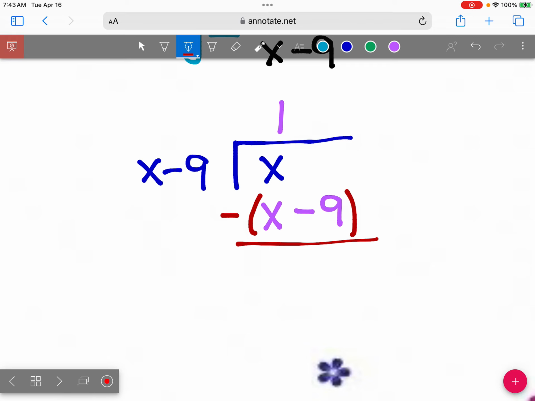When we subtract our x's, they cancel out, which is what we want. That first term should always cancel out. And then I have nothing minus negative 9. Positive 9, yep.